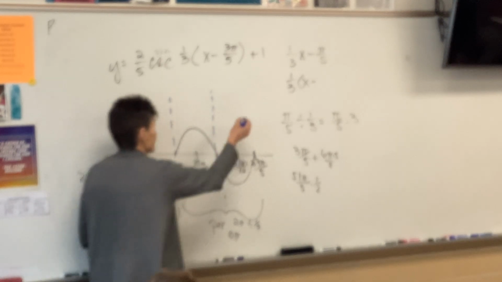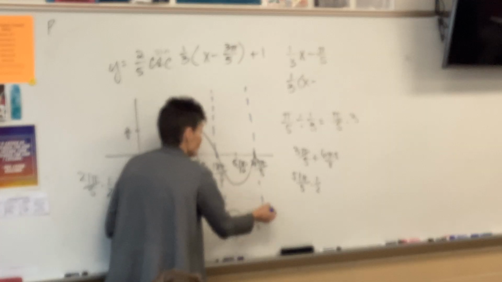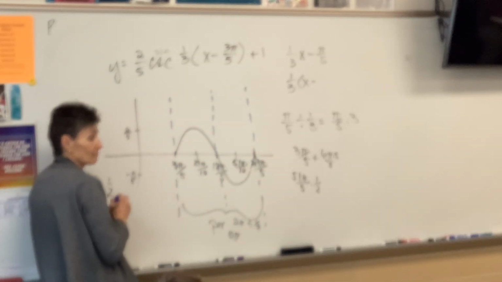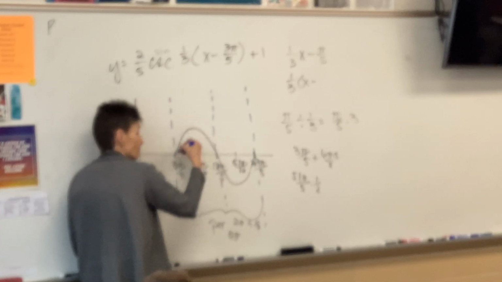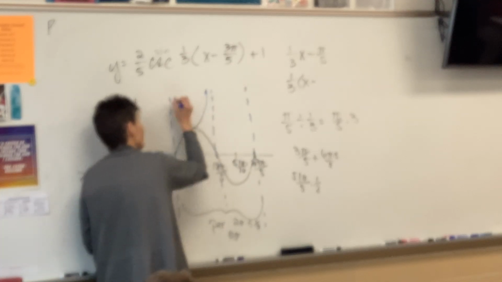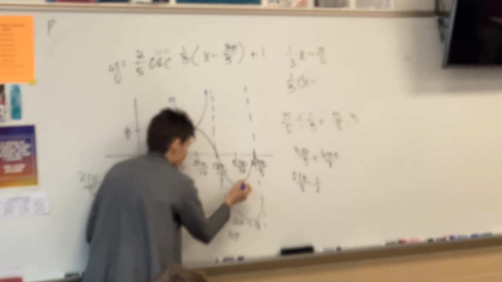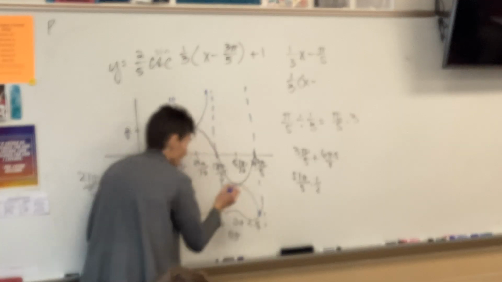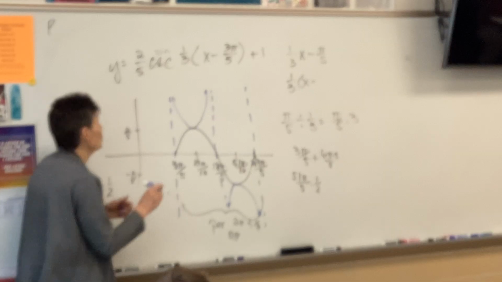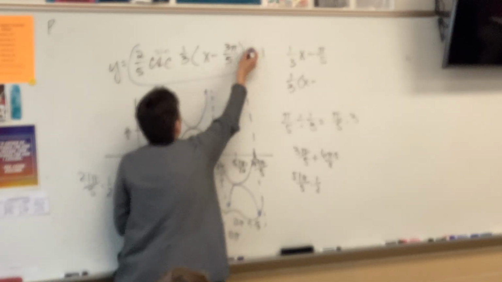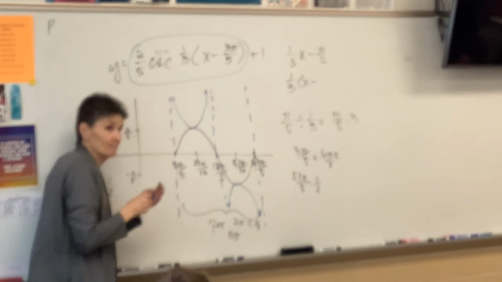So I need an asymptote there, because I'm doing the reciprocal. So then this little bump becomes a parabola, and this little guy becomes a parabola, all right? So the blue is a picture of that.